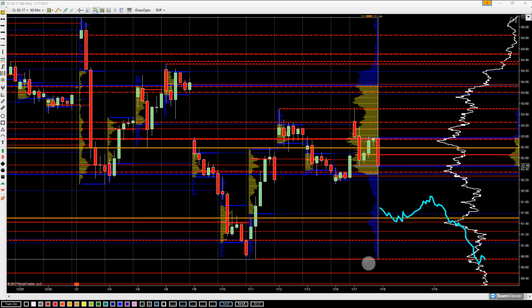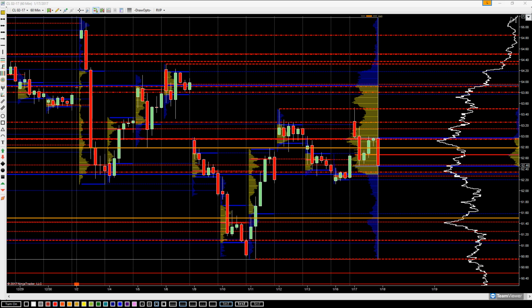If we end up testing down here, the break below here puts us into a whole other area of balance, and I won't get into that right now. If that happens in the first hour, hopefully we get the chance to take advantage of it. But that'll be an awful lot of trading.